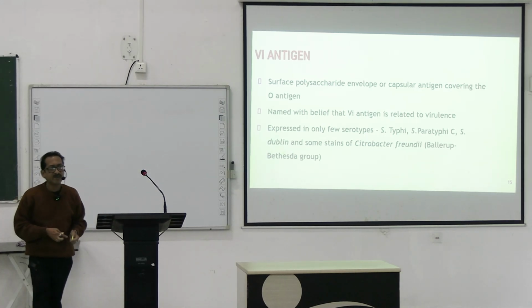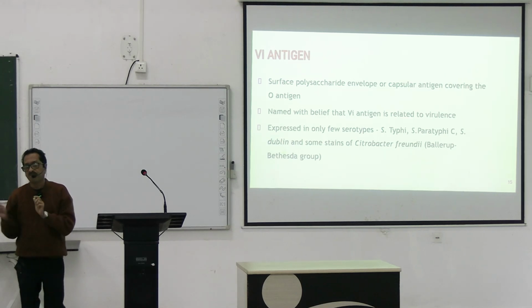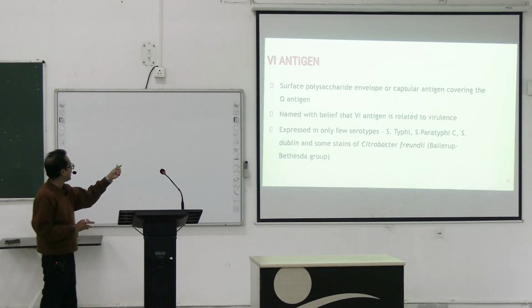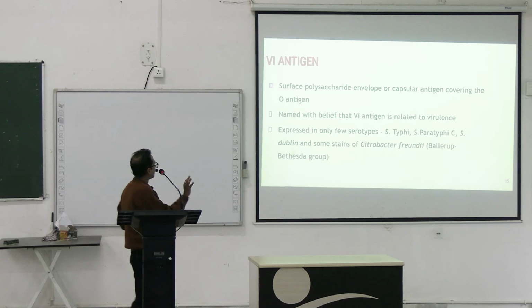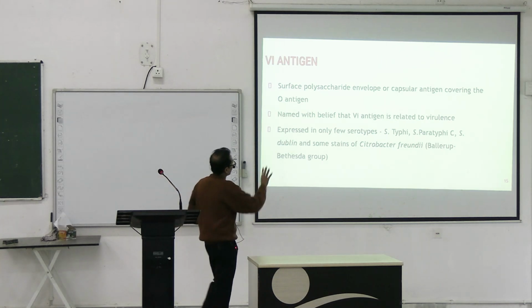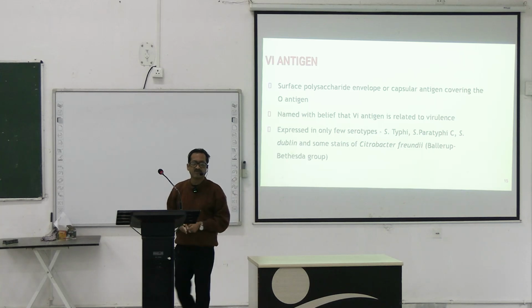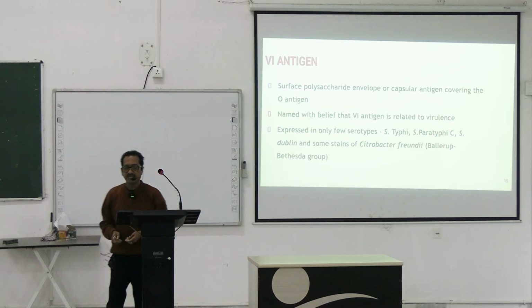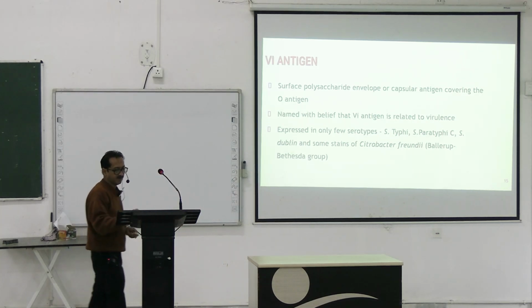VI was first named from virulence, but it is not related to virulence now. Expressed in few serotypes, not all serotypes: Salmonella typhi, paratyphi C, Salmonella dublin and Citrobacter. There is another bacteria called Citrobacter freundii that contains this VI antigen.